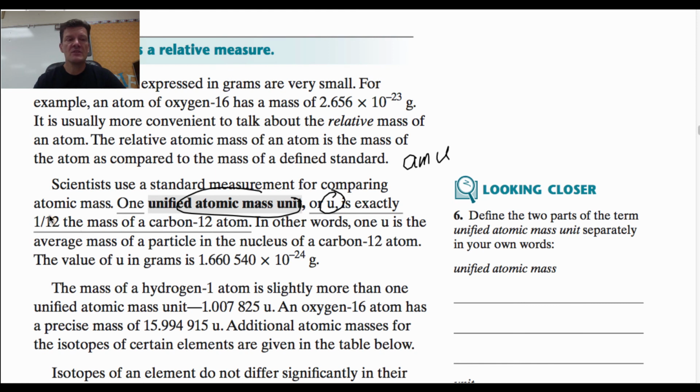One atomic mass unit is 1/12 of a carbon-12 atom. You don't need to know that specifically. You just need to know that the atomic mass unit is used to measure tiny, tiny atoms, and it is relative. In other words, it is related to a carbon-12 atom. 1/12 of the carbon-12 atom is 1 AMU.